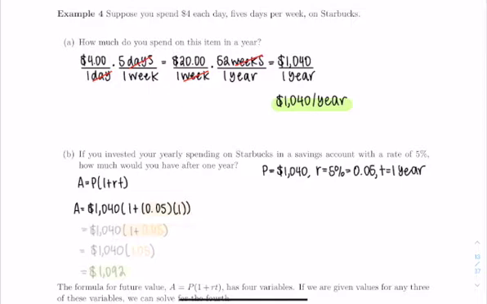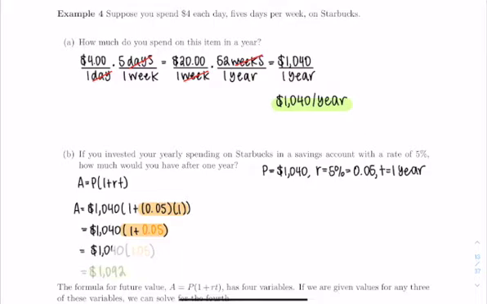Making sure we follow the order of operations, we want to go ahead and multiply our 0.05 times 1. And so we end up with 0.05. And then again, we want to simplify inside the parentheses just a little bit more.